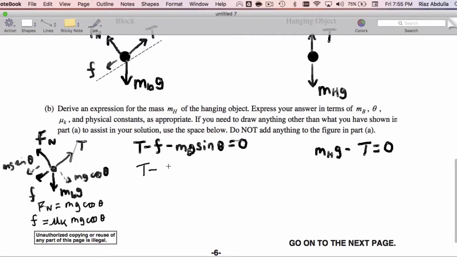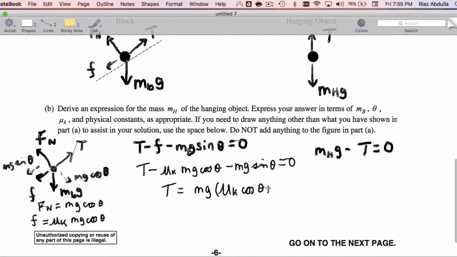So what that tells us is the tension force T minus mu k mg cos theta minus mg sine theta equals 0. So that gets us a tension force equal to mg times mu k cosine theta plus sine theta.